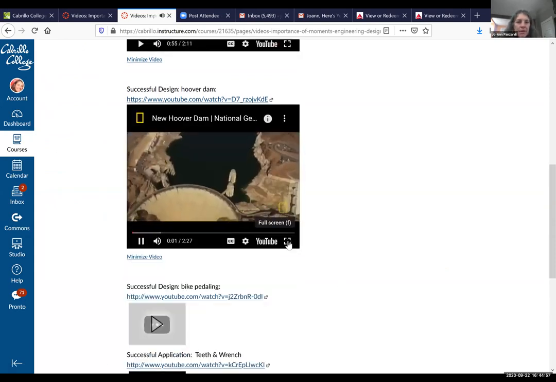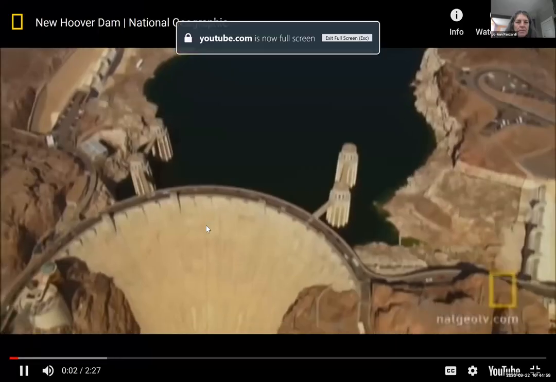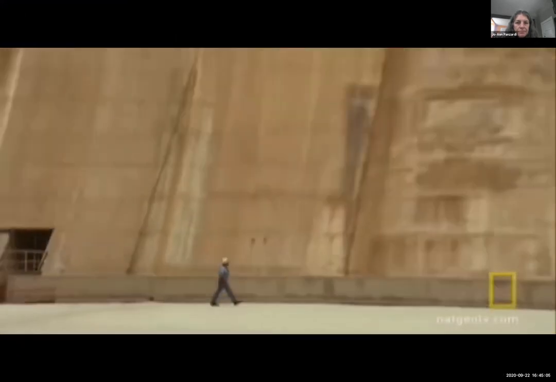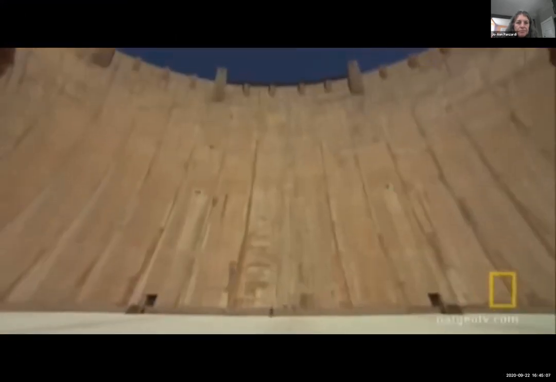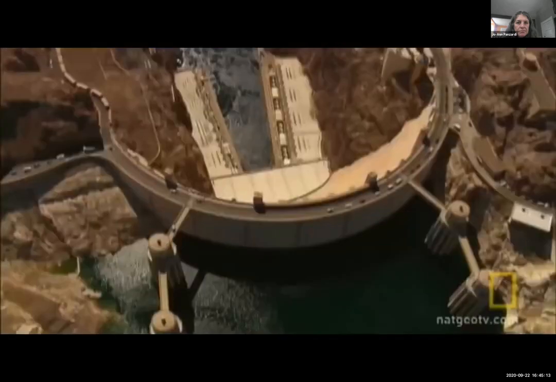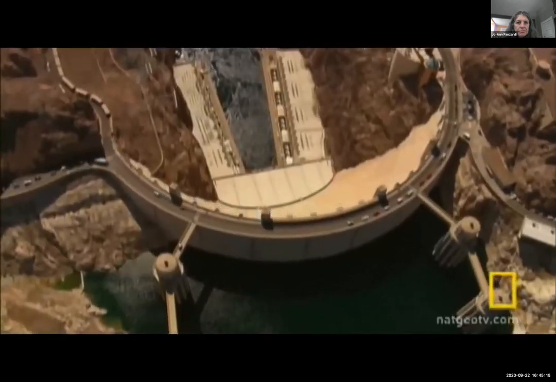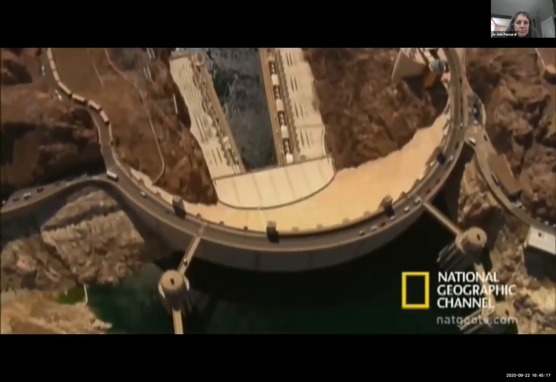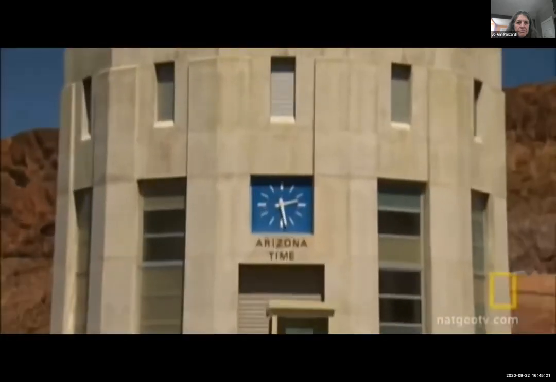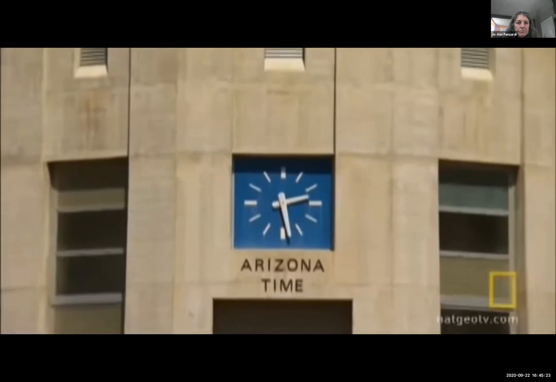When completed in 1935, Hoover Dam was called the eighth wonder of the world. Rising 221 meters, it contains 6 million tons of concrete, enough to pave a road from New York to Los Angeles. A gigantic concrete pyramid wedged in a desolate canyon straddling the Nevada-Arizona border, 56 kilometers from Las Vegas.